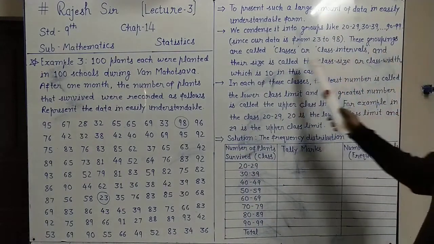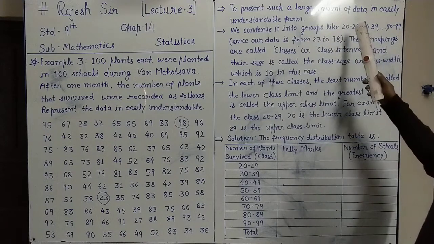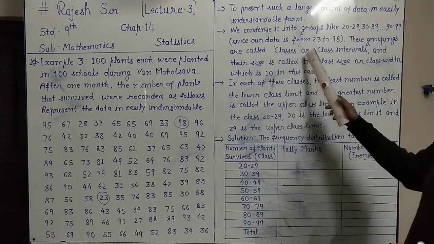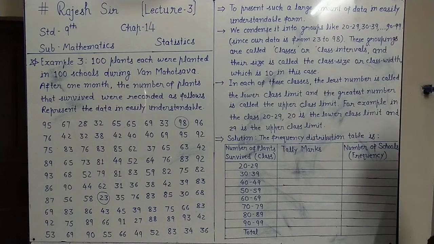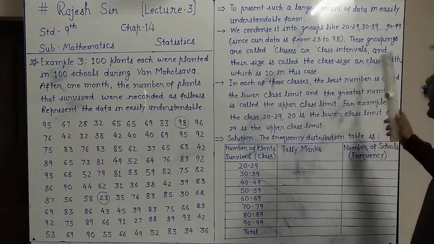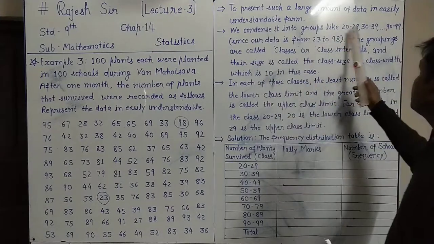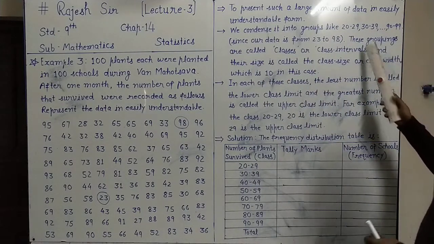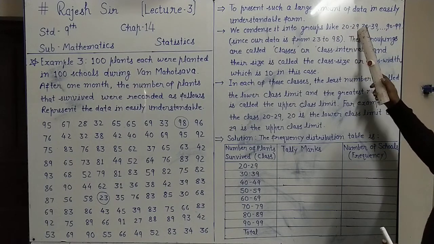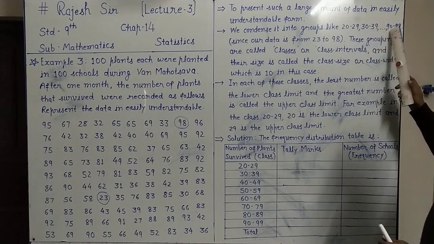If we make groups of this type, these groups are called classes or class intervals. Their size, meaning the gap, is called the class size or class width. From here you can see 20 to 29 and 30 to 39, up to 90 to 99.